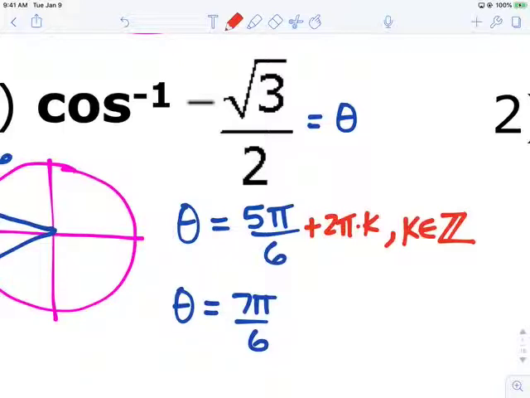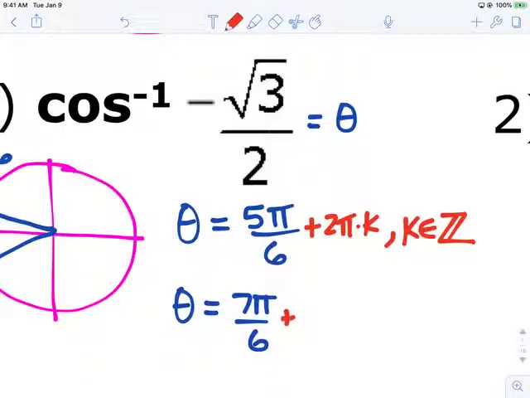Aren't those all, if you put them in here, still a multiple of 2 pi? 2 times 3 times pi, that's a multiple of 2 pi. That's 6 pi. If you add 6 pi to that angle, will you be right back where you started? Yeah. I have to also say the same thing right here.